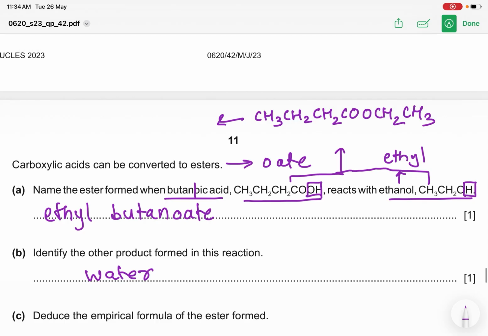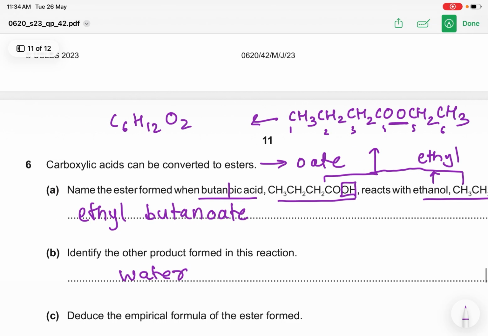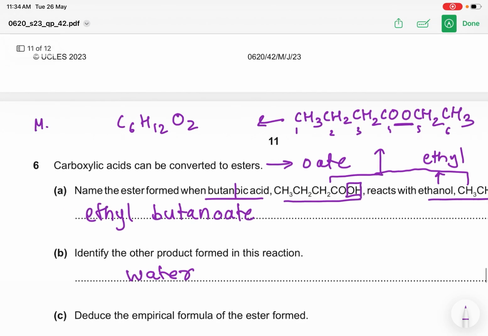So I have total 1, 2, 3, 4, 5 and 6 carbon, then 3, 4, 5, 6, 7, 8, 9, 10, 11, 12 hydrogen atoms and I have 2 oxygen atoms, O2. This is my molecular formula.